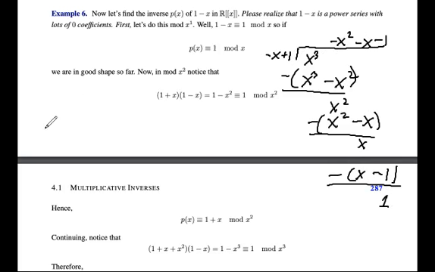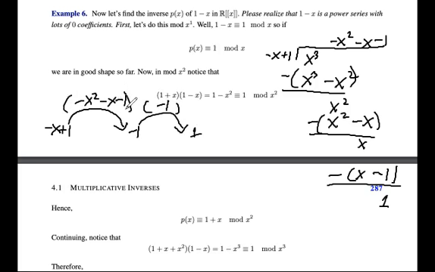So we have negative x plus 1 times negative x squared minus x minus 1 actually gets us to -1. But to get to 1, you need to multiply by -1. So it's this times this, which ends up just being 1 plus x squared.